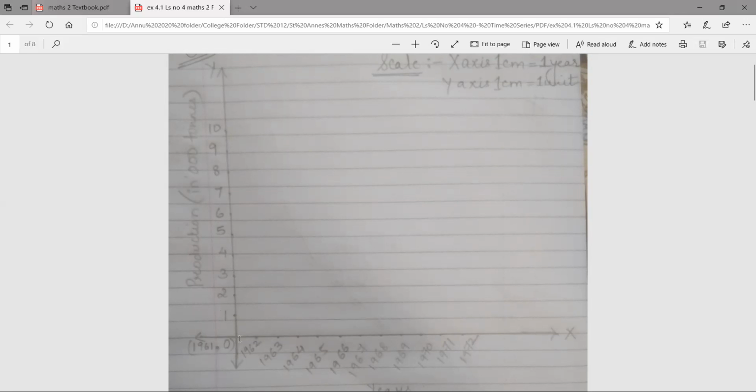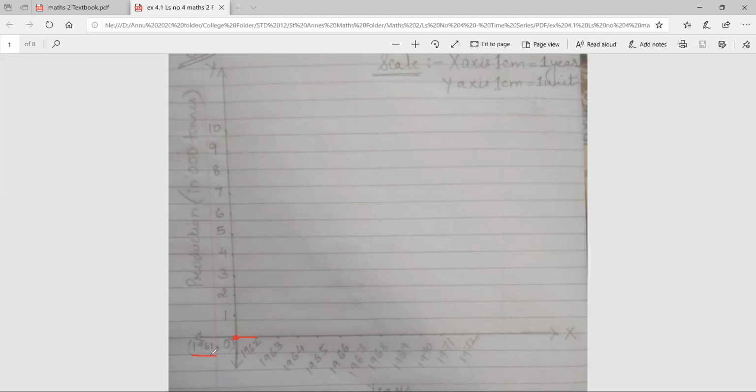Also, one more thing, if you notice, class, usually the origin is written as 0, 0. But by logic, if 0 to 1962 is 1 centimeter, then this 0 represents nothing but the year 1961. So you can write it like this as well, or if not, that's also okay.